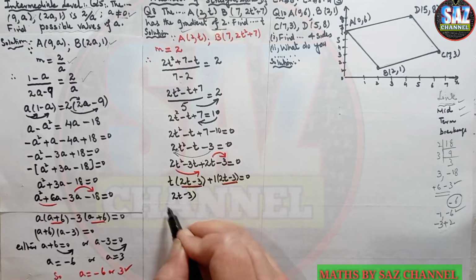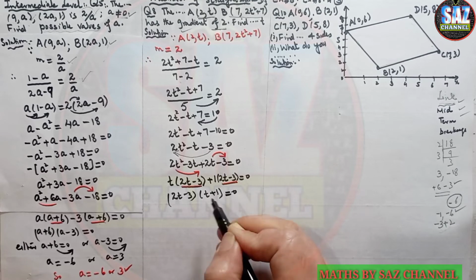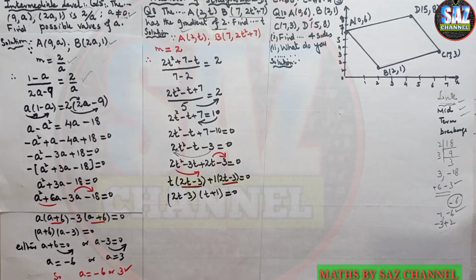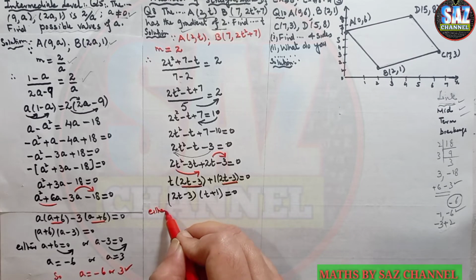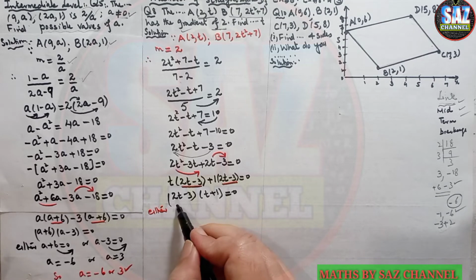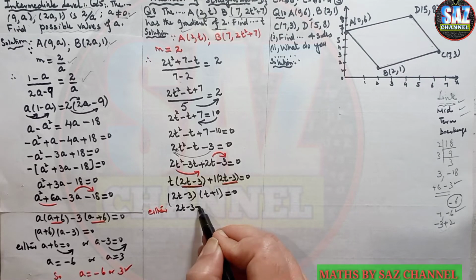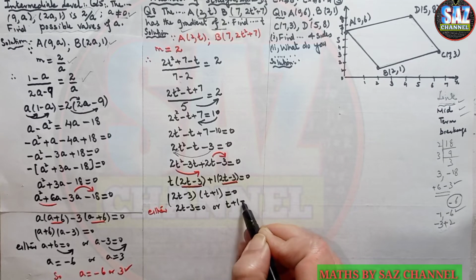2t minus 3 into t plus 1 equals to 0, and now apply the either-or condition, that either 2t minus 3 equals to 0, or t plus 1 equals to 0.